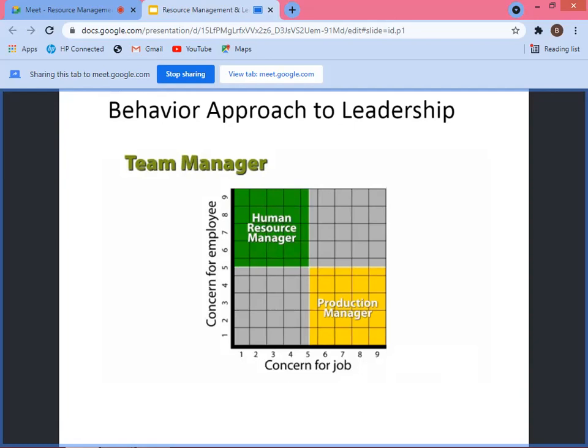He wants to produce. He does not care about the welfare, the health and safety of his employees. But nowadays we're changing the mindset of the production manager. We're telling them you have to have concern for the employee as well. But you cannot avoid the fact that the production managers are really 9-1 in terms of the managerial grid.